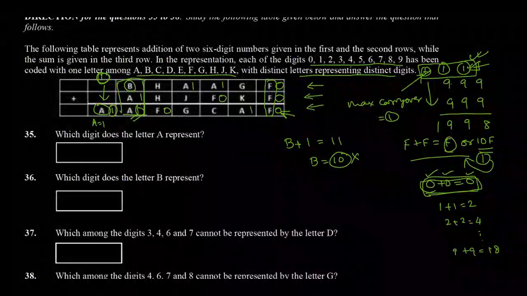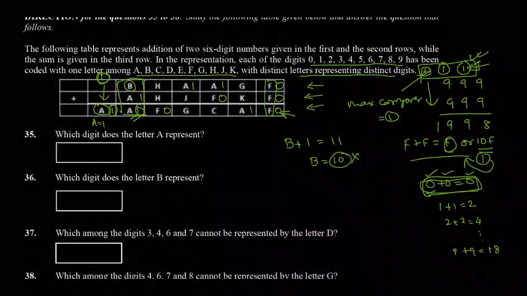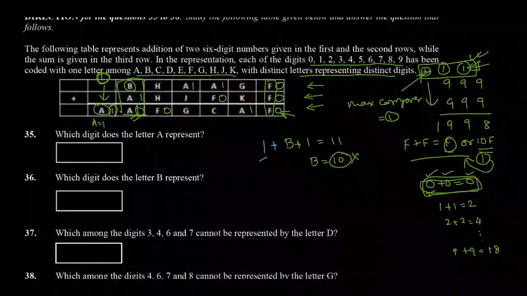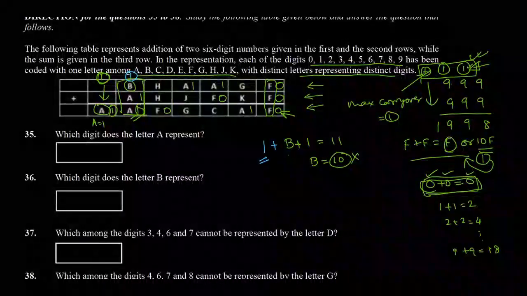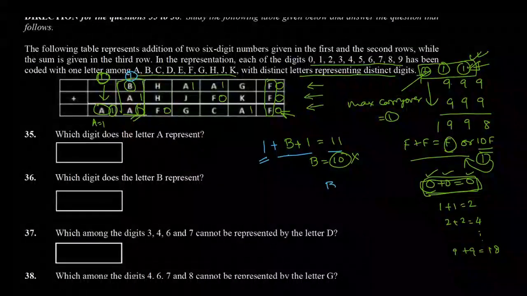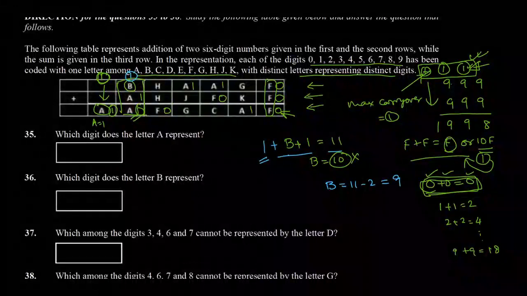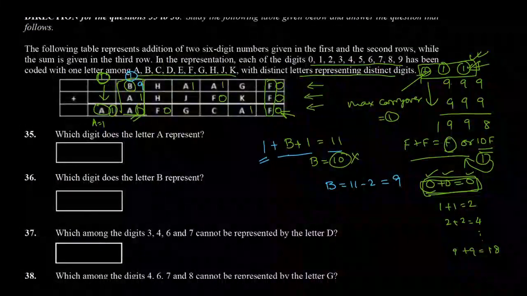Which means that there is something which has been carried over, which is 1. The only possibility is 1. So 1 would have been carried over here, and then 1 plus B plus 1 is equal to 11, which means B is equal to 11 minus 2, or B is equal to 9. So the value of B comes out to be 9.